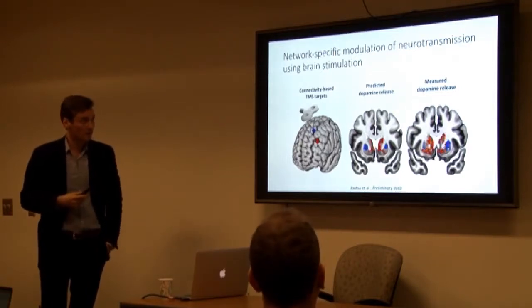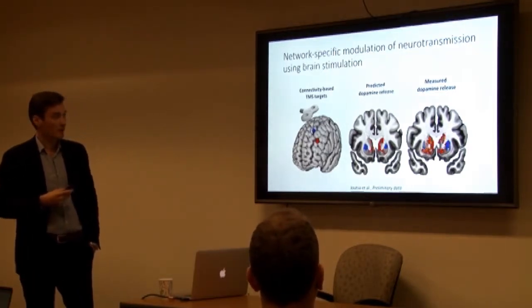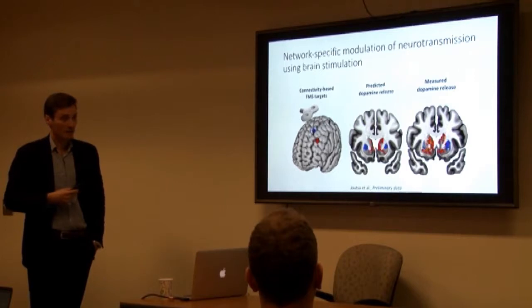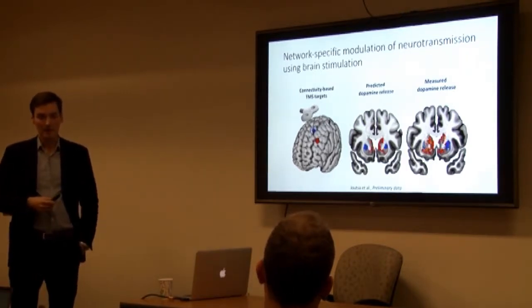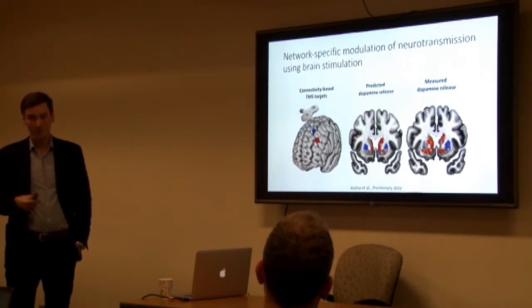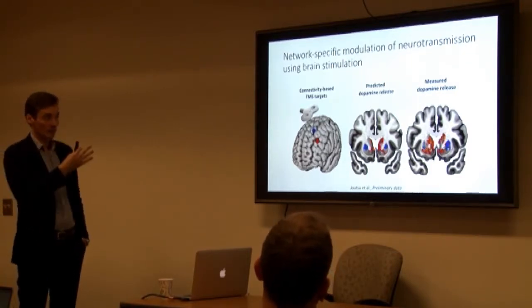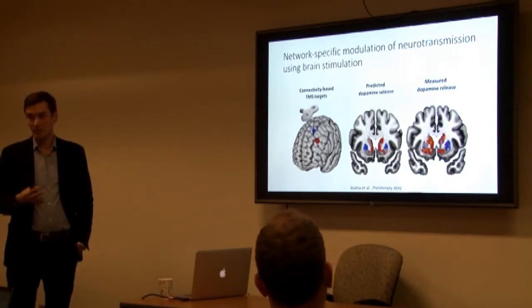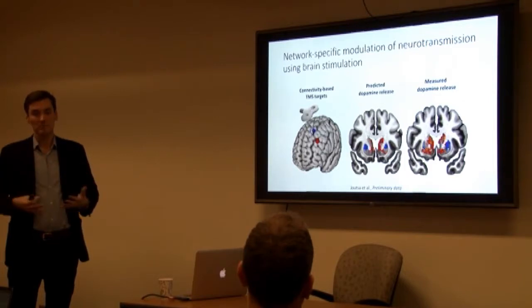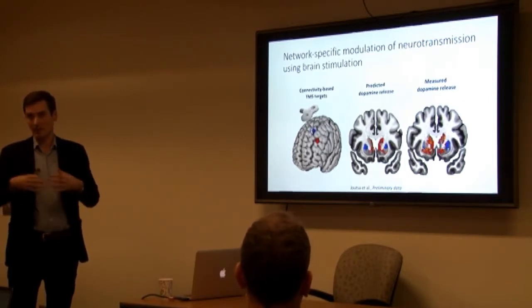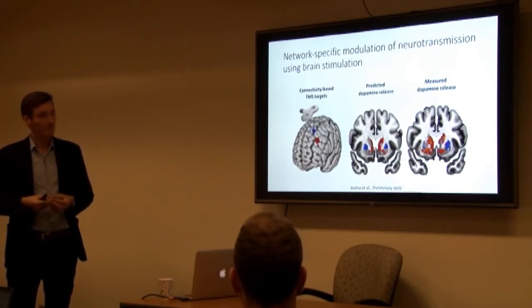And finally, a step forward from these is to generalize these methods to be applicable more broadly to brain disorders. We have tested whether connectivity-based TMS could be used to modify neurotransmitter function specifically in some networks while avoiding other networks.